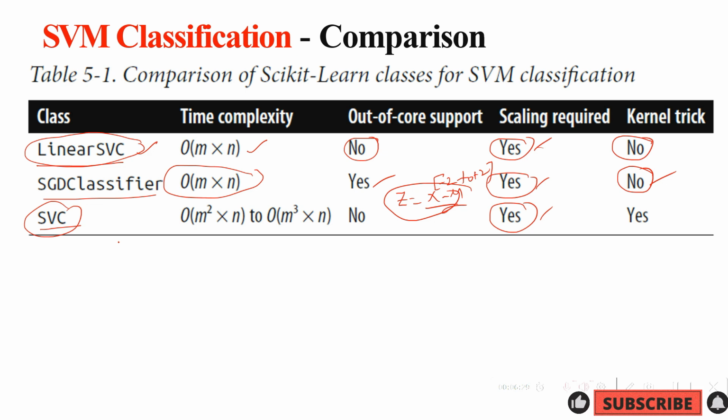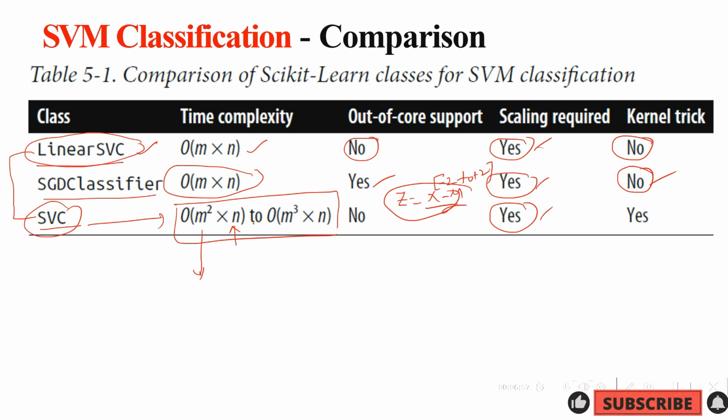Now coming to SVC, these two, LinearSVC and SVC, are very important for our model. The time complexity for SVC when using the kernel is very high, from O(m² × n) to O(m³ × n), where m is the number of instances and n is the number of features.